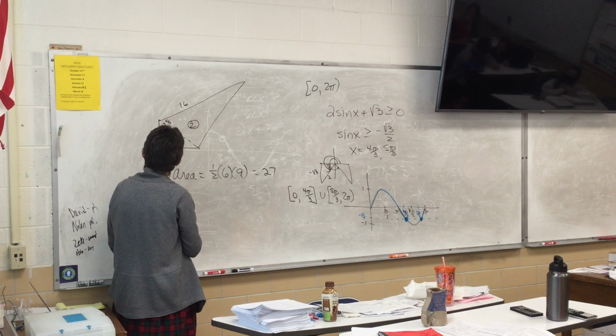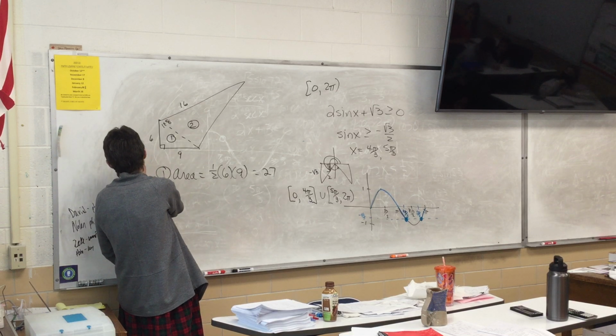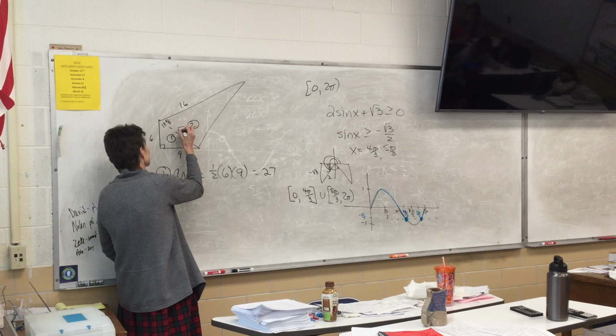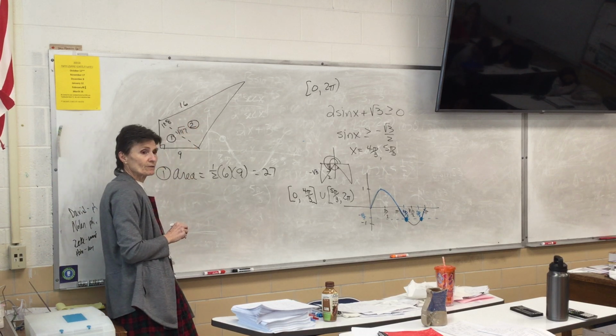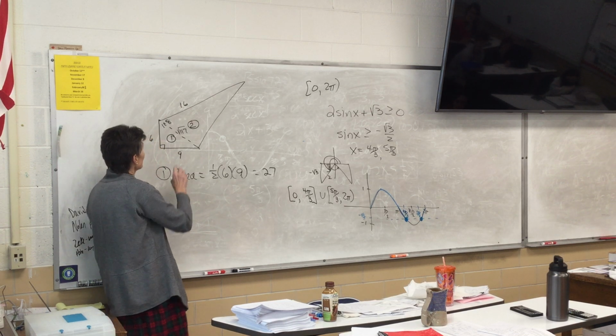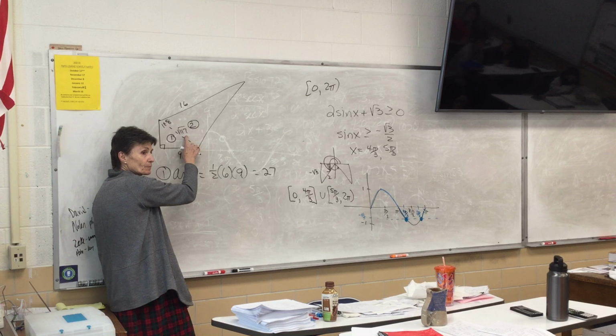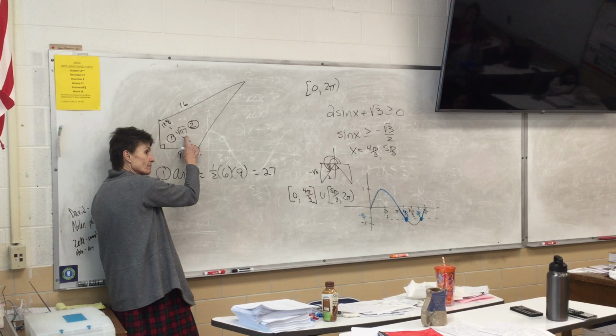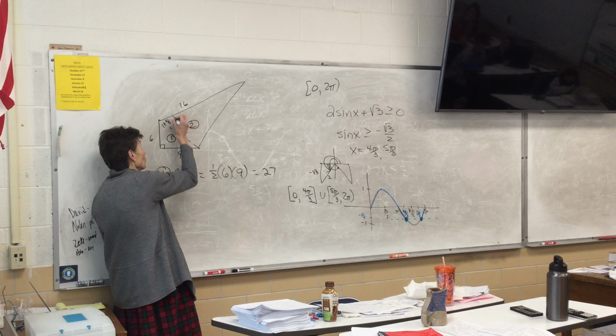So let's see, that's 36 and 81, 117, square root of 117. And now things are looking good because I've got two sides. What do I need to find the area of a triangle? I need two sides and the angle between them.